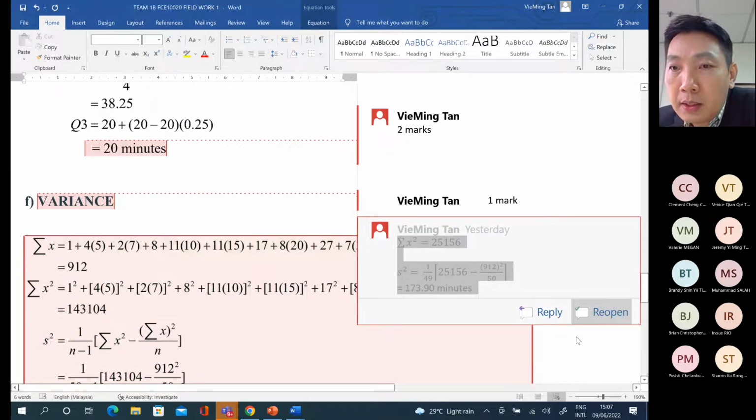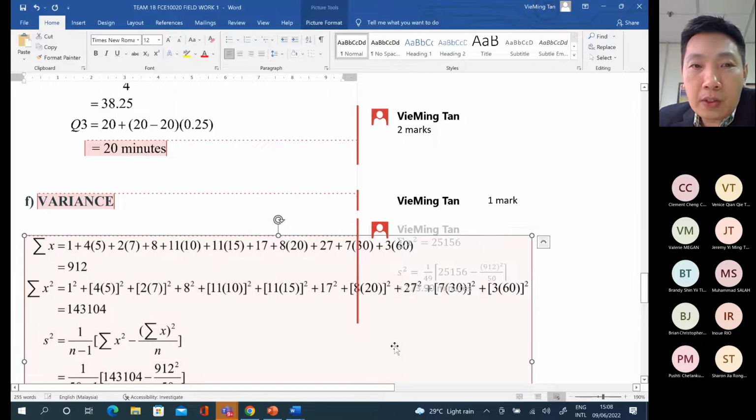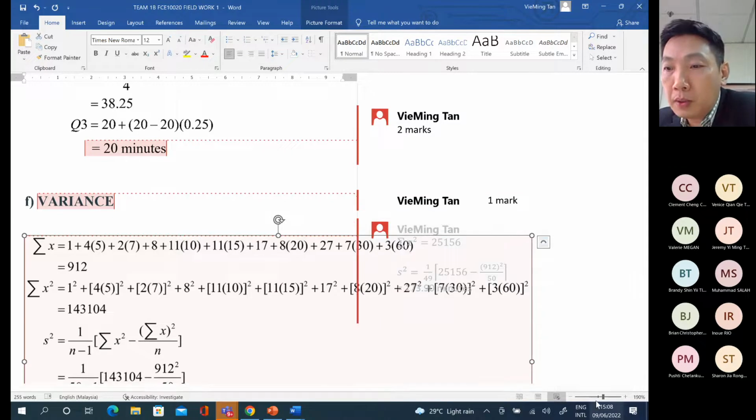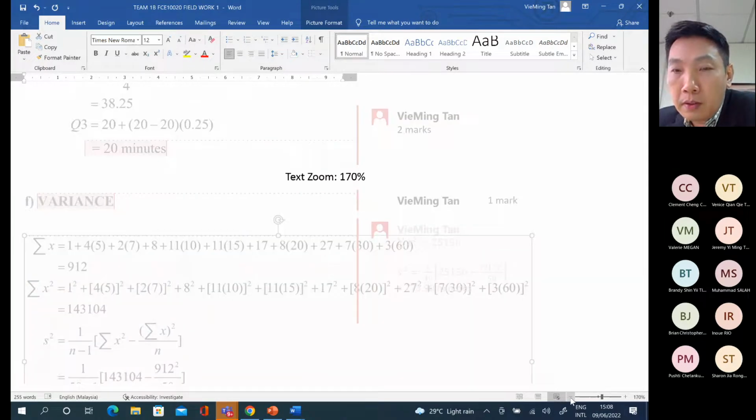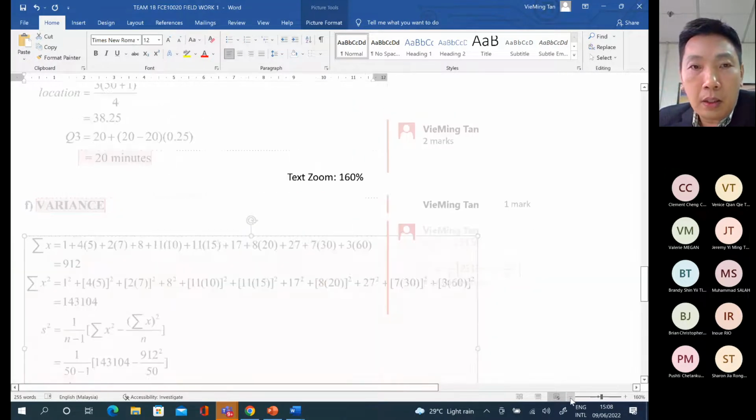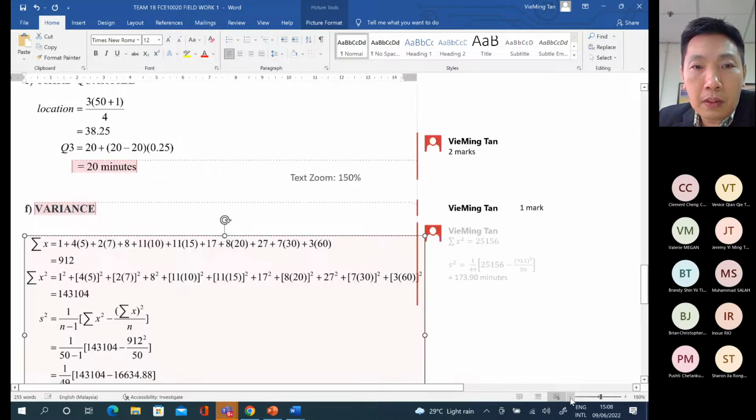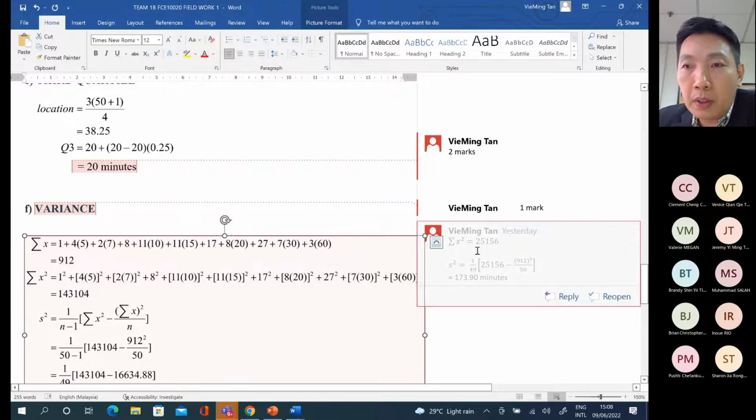I think your answer for the total X is correct, but the total X squared, let me check with my comments. I think one of your total values is not correct. Your total X squared is not correct. It should be 25156. You need to check again.